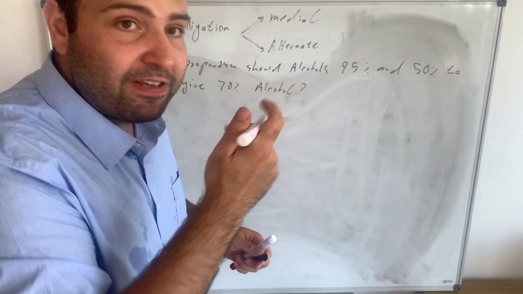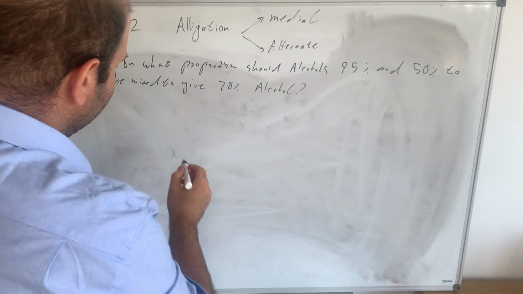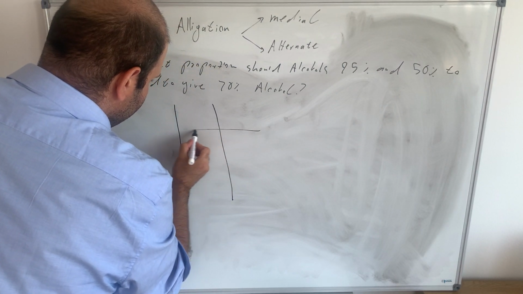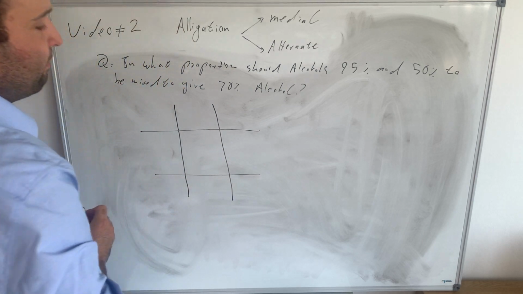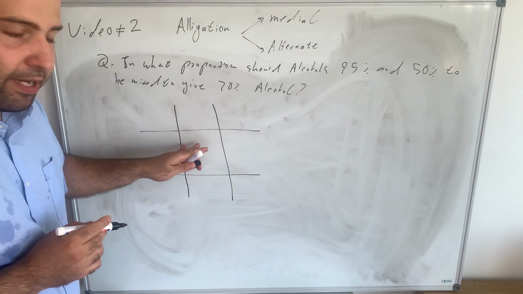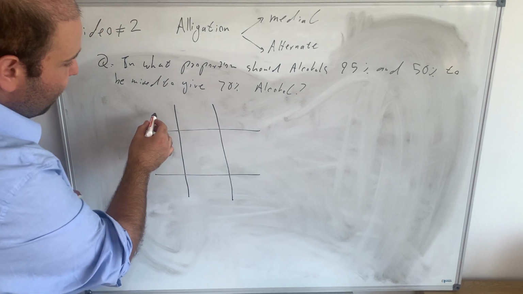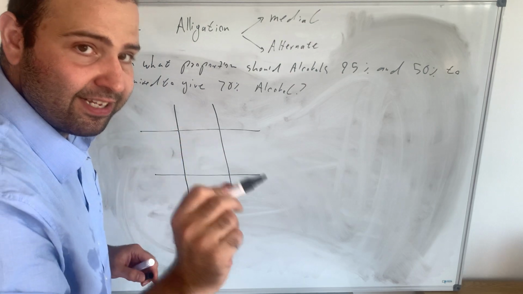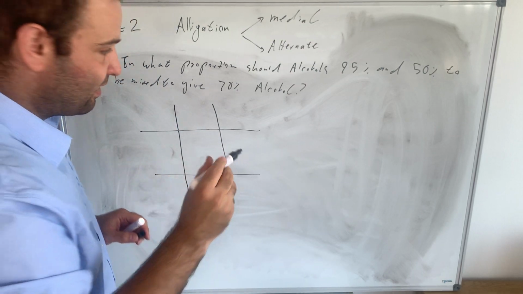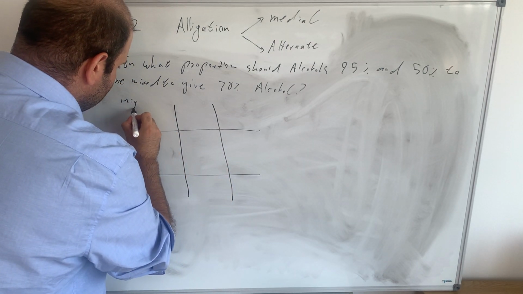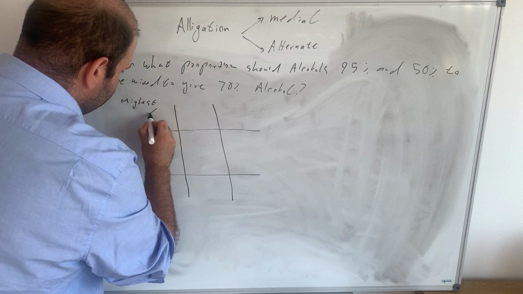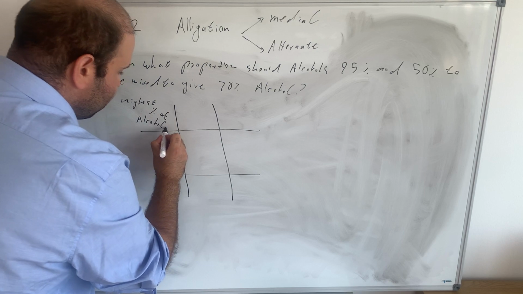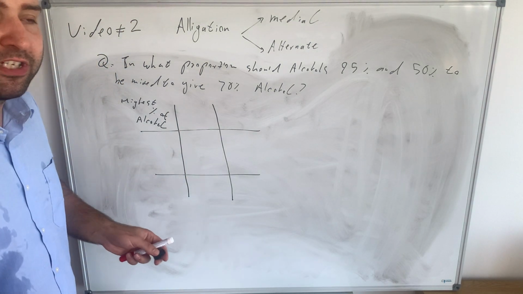For alligation, we have to write a table. This table has 9 windows. It should always be this way. On the left side, you should read the question and put the highest concentration of alcohol that you can see. In this example it is alcohol; another example could be powders or ointment.